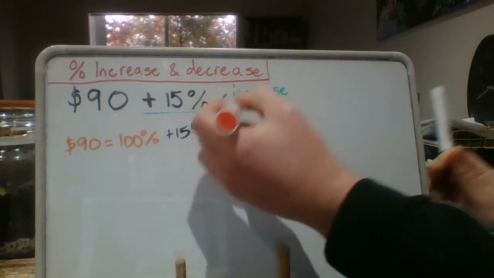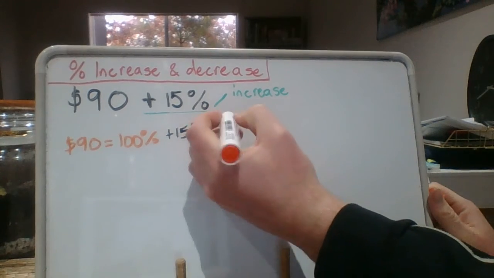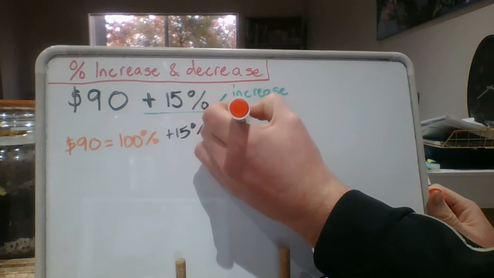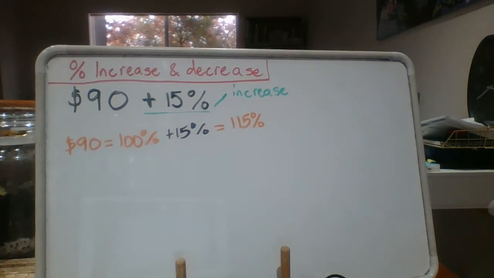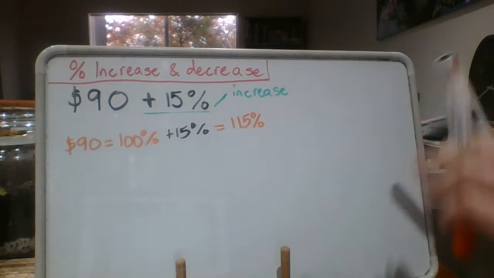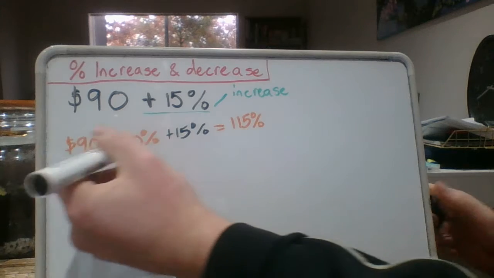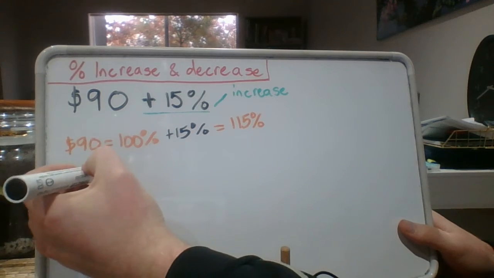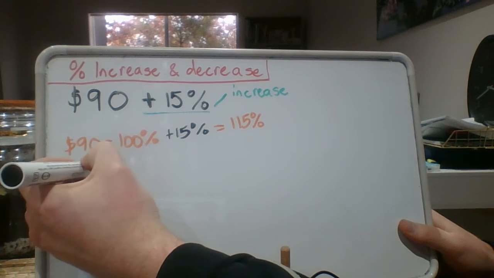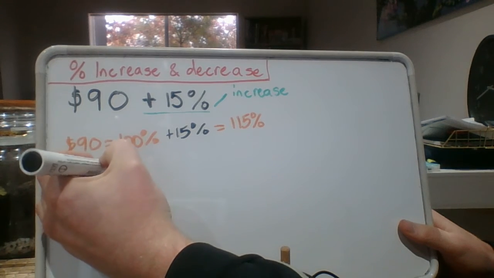So altogether, what we're making is 100% plus 15%, or 115% of the $90. So pretty much what we can do is choose a different way to represent this 15%.